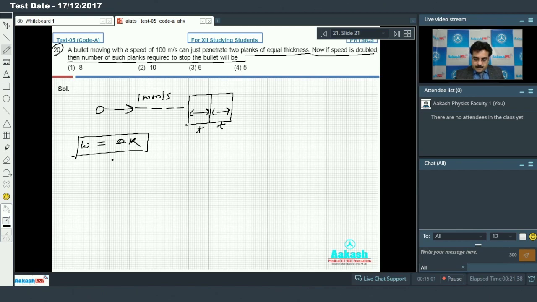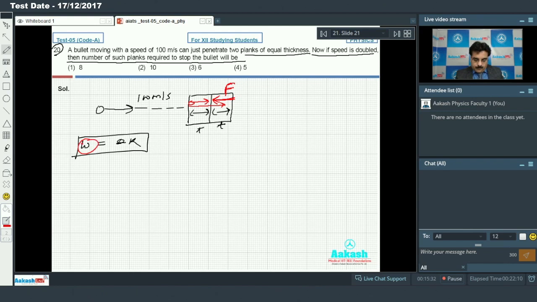In my first step, when the bullet moves from left to right and penetrates this plank, the plank will retard this motion. Suppose the force created by the plank is F. So what will be the conclusion by this? We can observe the direction of displacement is from left to right, but the direction of force is right to left. So the angle between these two is 180 degrees.